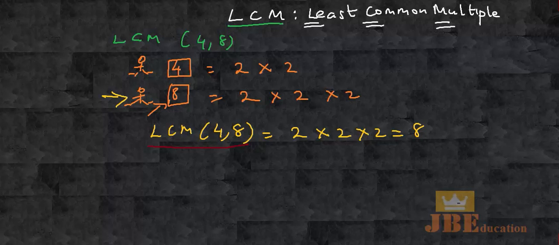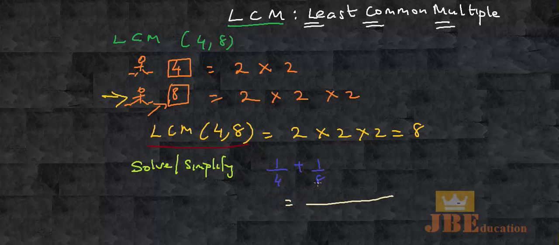That gives you a greater understanding of the term LCM. That's one of the best ways to understand. Say, for example, you are asked to simplify two fractional quantities, say 1 over 4 and 1 over 8. The first thing you have to do is pick up the LCM for these quantities.